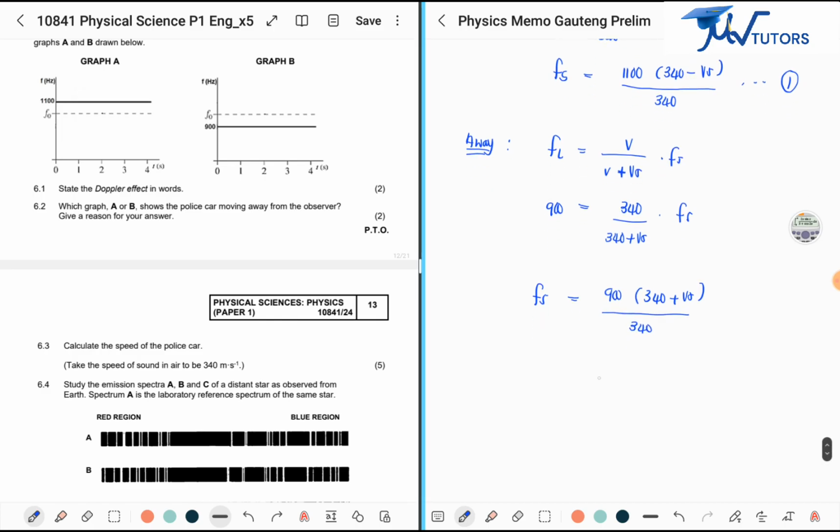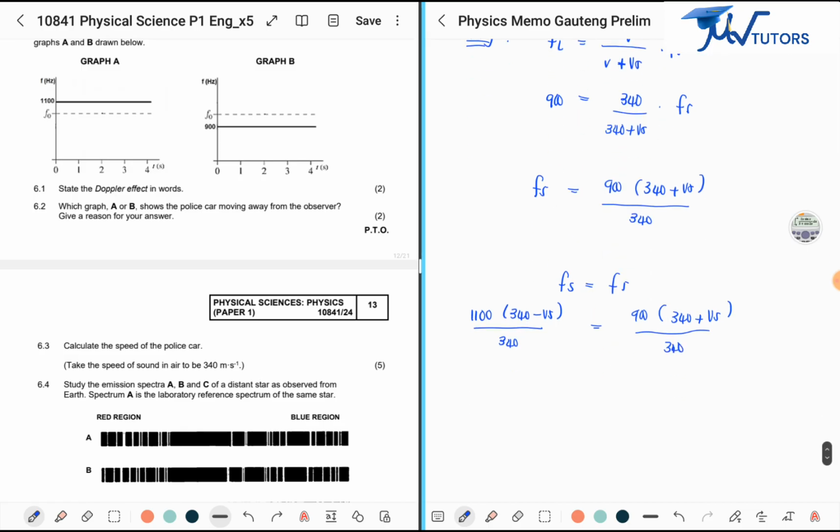So then the frequency of the source is equal to the frequency of the source. Basically, 1,100 multiplied by 340 minus the velocity, divided by 340, is equal to 900 multiplied by 340 plus the velocity, divided by 340. So the 340s are going to cancel out if I multiply by 340 on both sides.